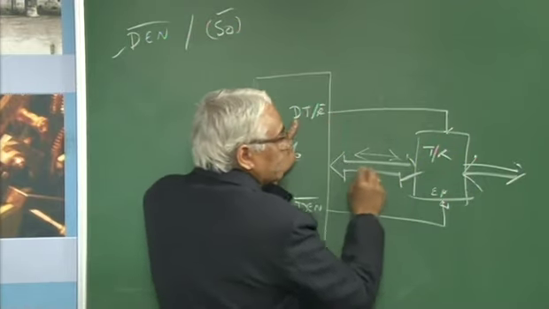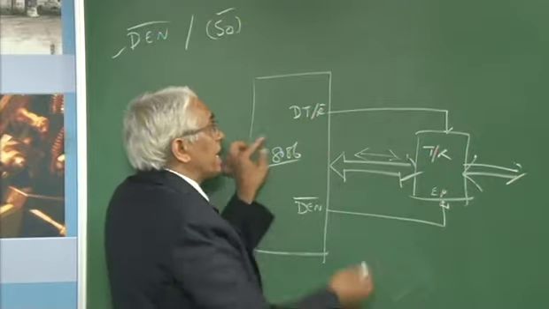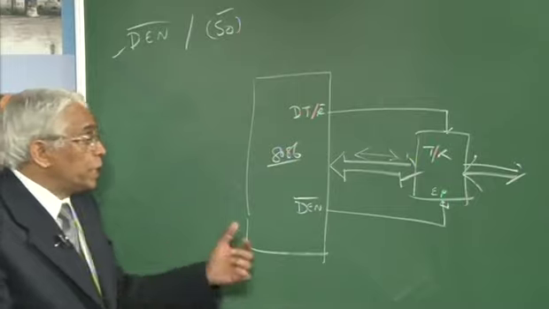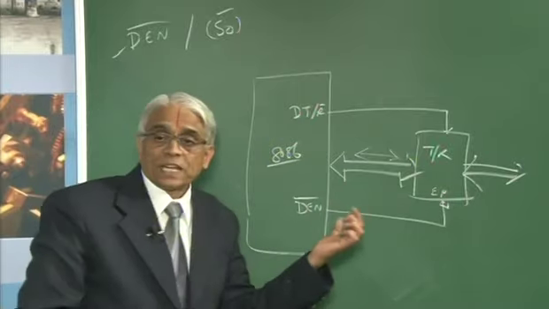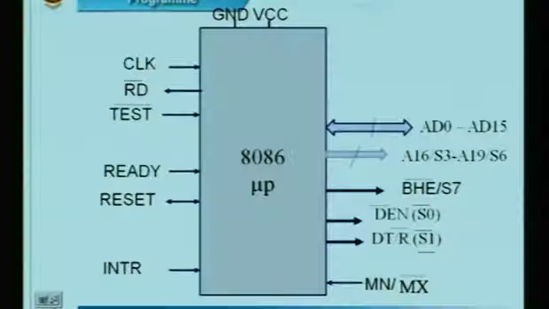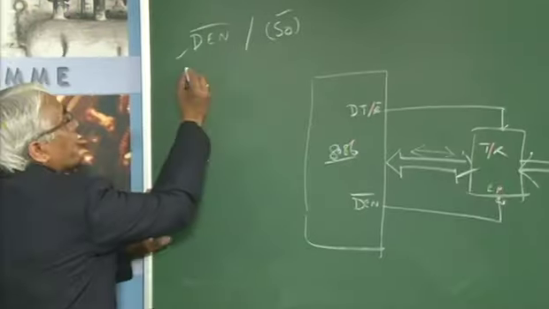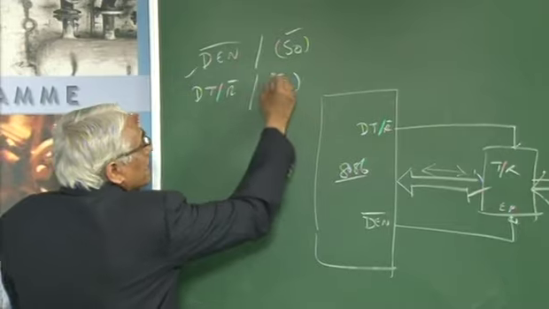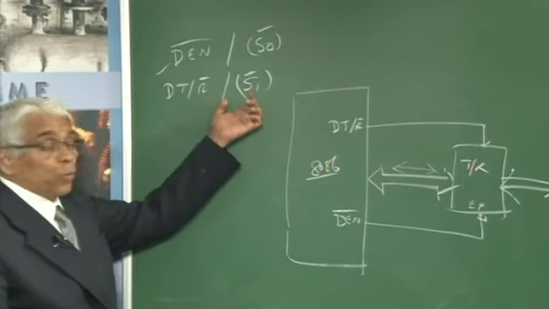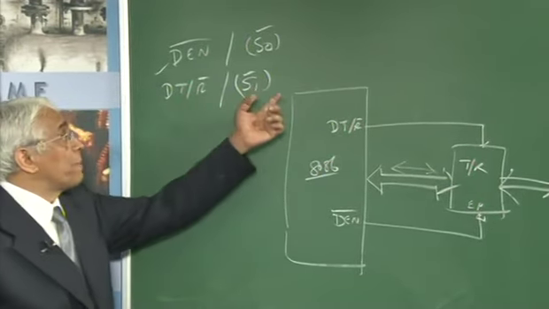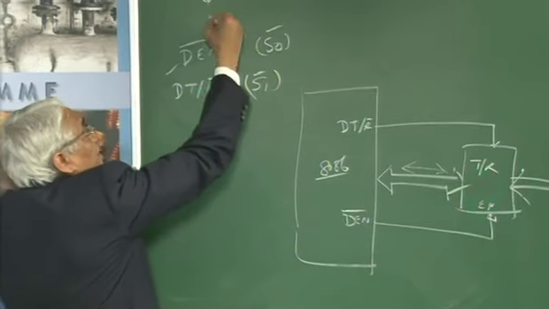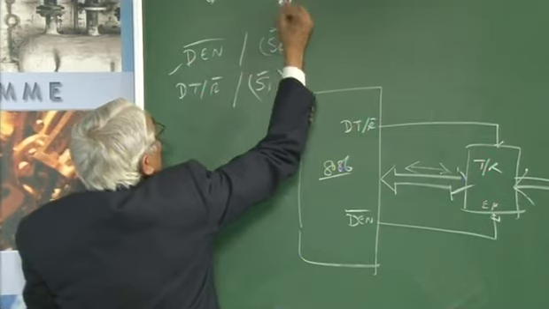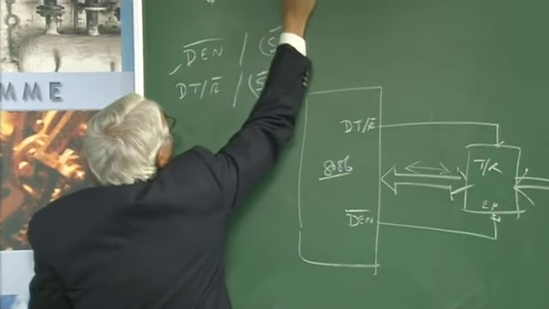DT is saying that you are writing onto the device. When it is low, the data is going to be read into the microprocessor through this particular chip. Along with it, there is another signal, S1 bar, which is used only in the maximum mode. The signals I am talking about here are in the minimum mode of operation, while these are the signals in the maximum mode of operation.